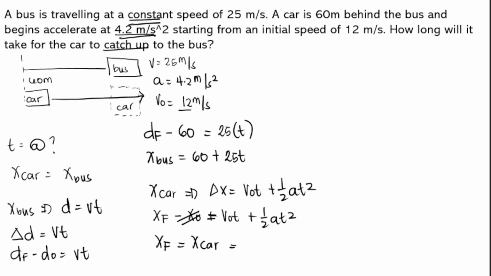So, ang initial speed niya daw is 12t plus 1 half, ang acceleration ay 4.2, t squared. Okay, so ito yung equation natin kay car. Position ng car, 12t plus, i-ano ko na, 1 half of 4.2 is 2.1, t squared.